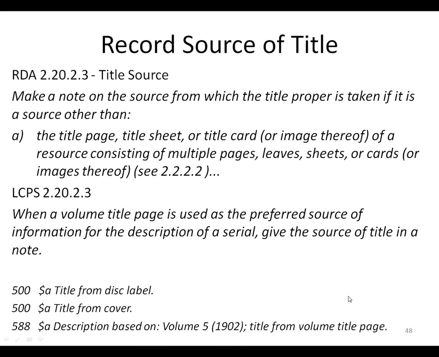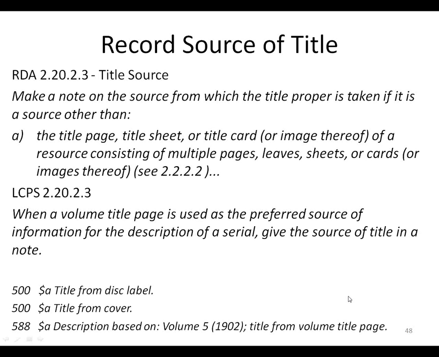Recording the source of title. Recording the source of title is the same as or similar to AACR2 in the sense that if you have something that consists of pages, title sheets, or images of those, then you do not record the source of the title proper. But in all other cases, you would record the source of the title proper. And I provided some examples there.